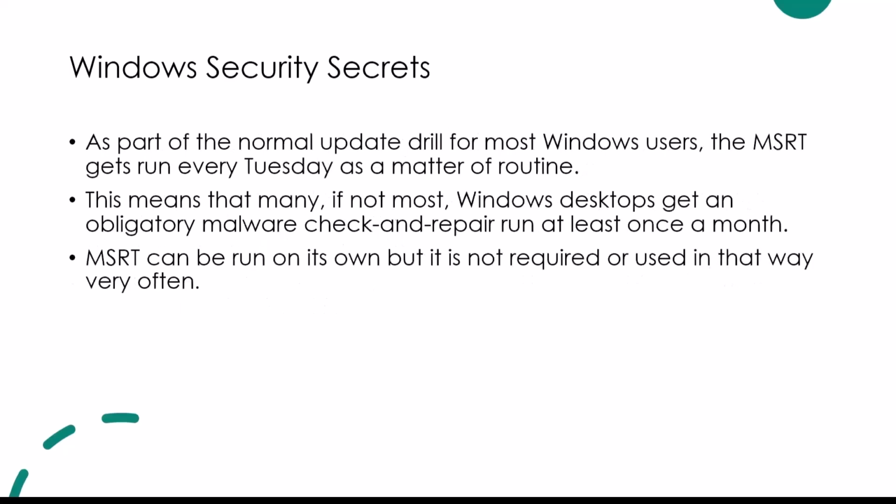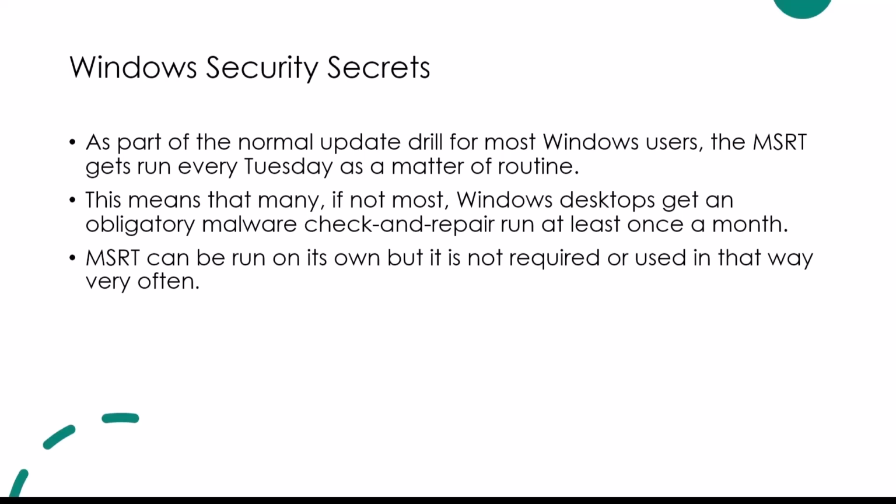As part of the normal update drill for most Windows users, the MSRT gets run every Patch Tuesday as a matter of routine. That means that many, if not most, Windows desktops get an obligatory malware check and repair run at least once a month. MSRT can be run on its own, but it's not used in that way very often.